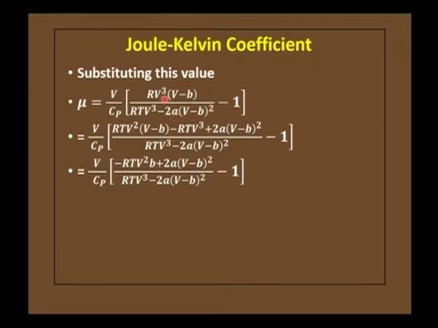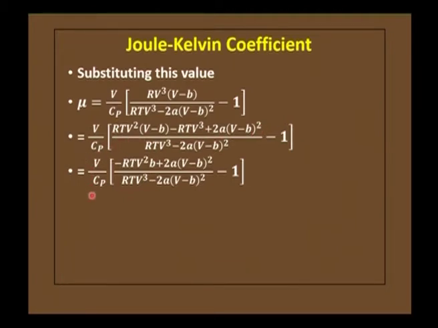So, again using a simplification, in place of RT V power 3, we are putting RT V squared into V minus B, minus RT V power 3 plus 2A into V minus B the whole square.